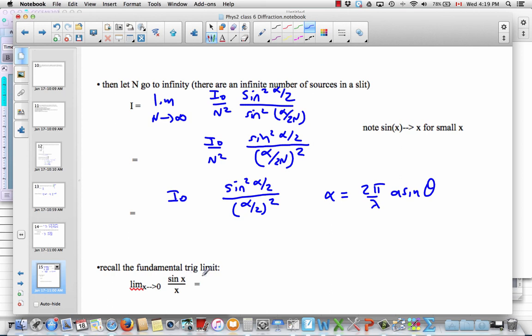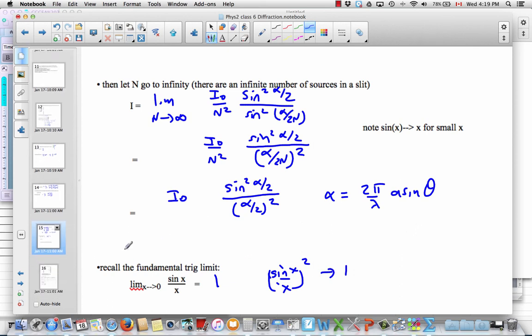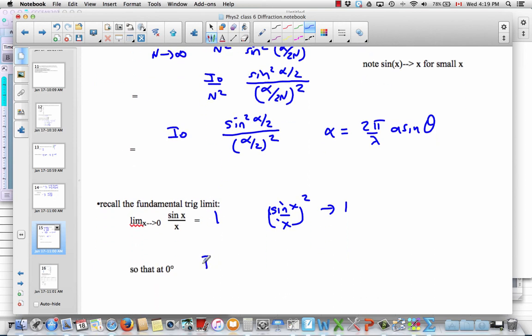Now, the fundamental trig limit says sine x over x goes to 1, so that means sine x squared over x squared will also go to 1. And that means that at an angle of 0, the intensity just goes to the maximum value as we get close to 0 degrees, which is good.